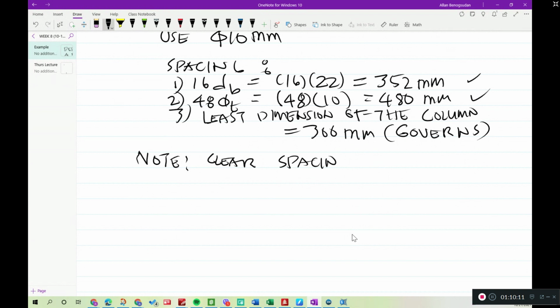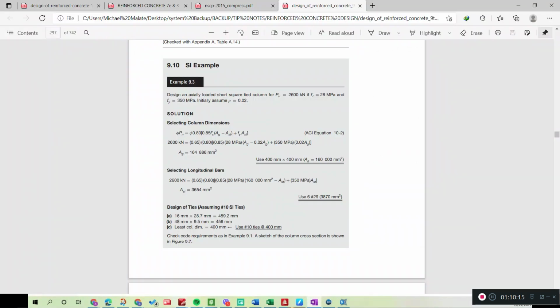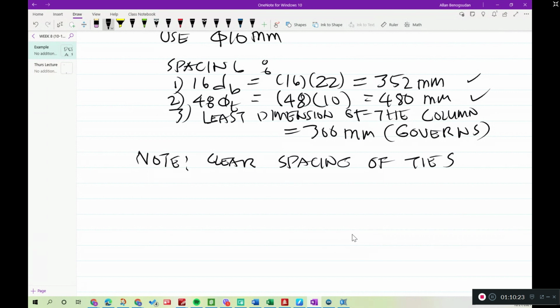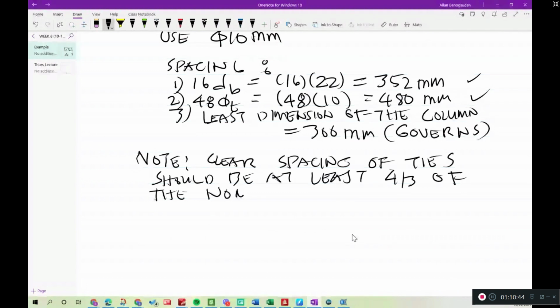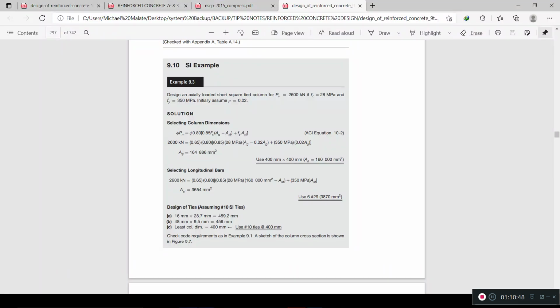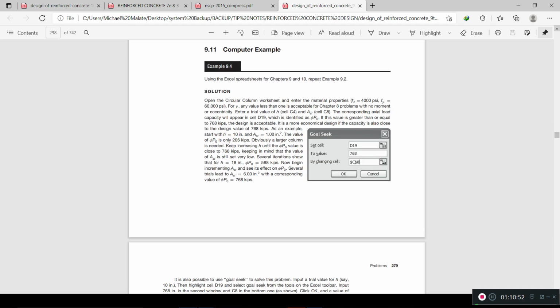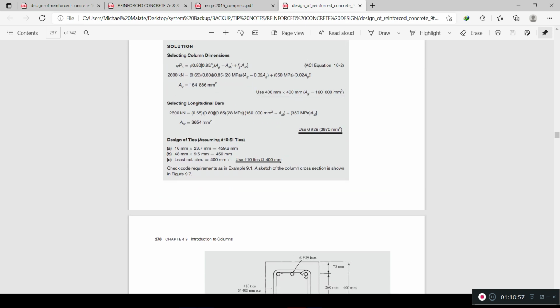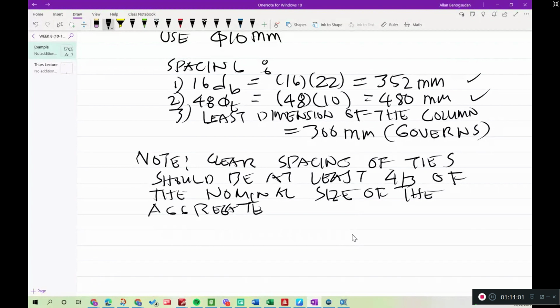The clear spacing of ties should be at least 4/3 of the nominal size of the aggregate, say 3/4 inch, or that is equal to 19 mm, as I said earlier.